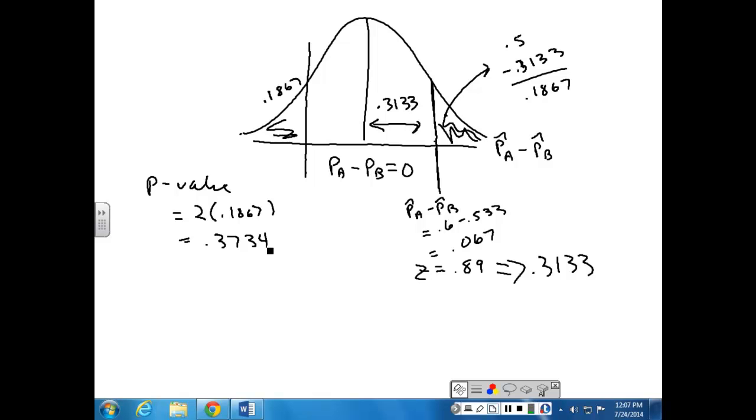And remember, right here, our difference is 0.067. That's this distance. And when we're looking at a two-tailed test, we go the same distance the other way. Since the center is 0, we just give it the same number, but put a negative on it.